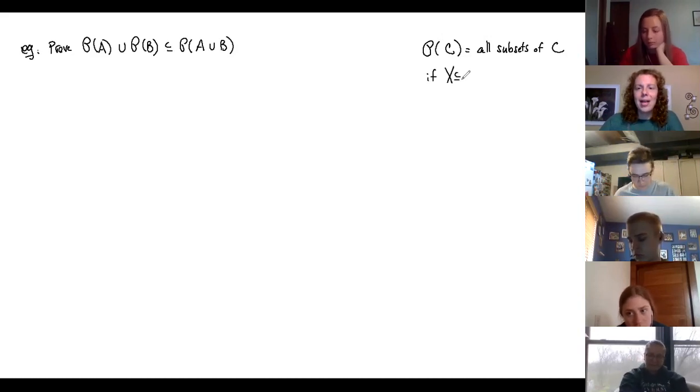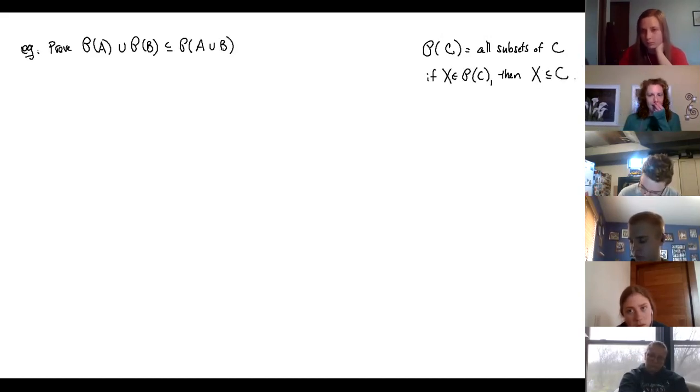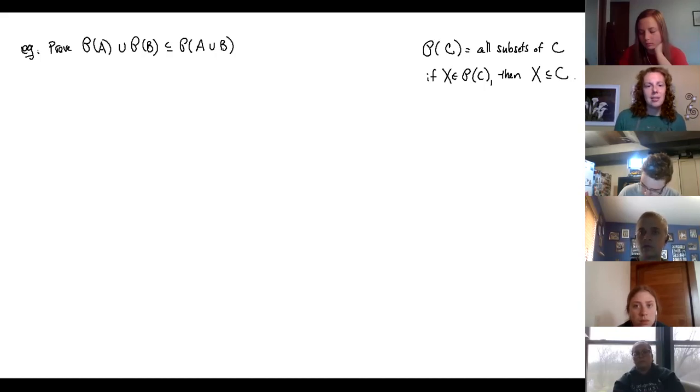So if capital X lives in the power set of C, that is the wrong symbol. If capital X lives in the power set, not as a subset of, if capital X lives in the power set of C, then capital X is a subset of C. So that's what we're saying here. Elements of the power set are subsets. So if capital X lives in the power set of C, then X is a subset of C. That's where this is coming from.